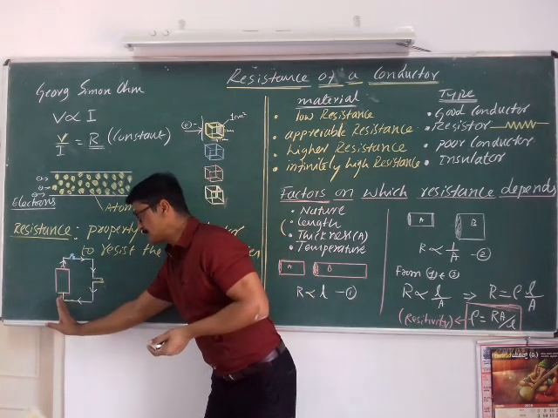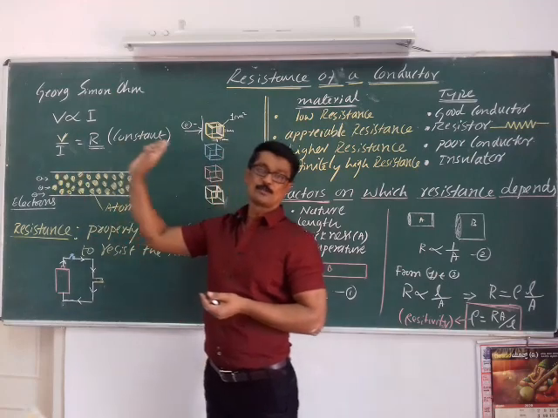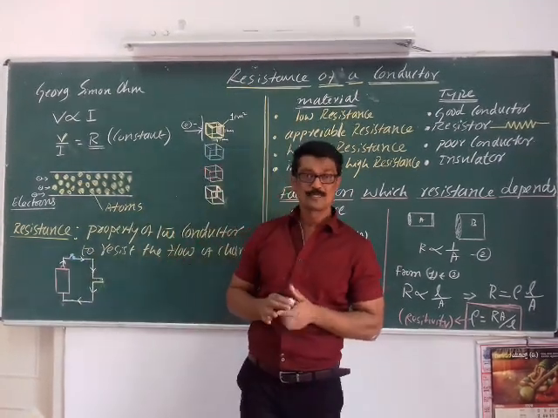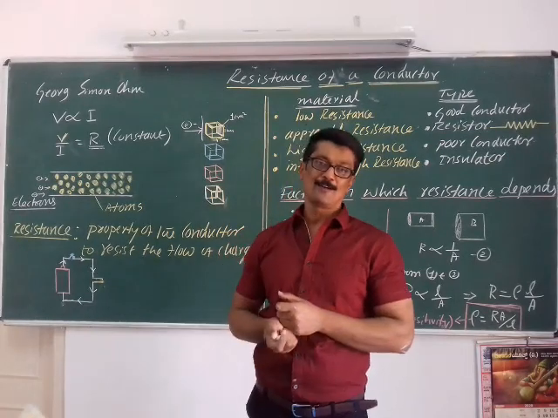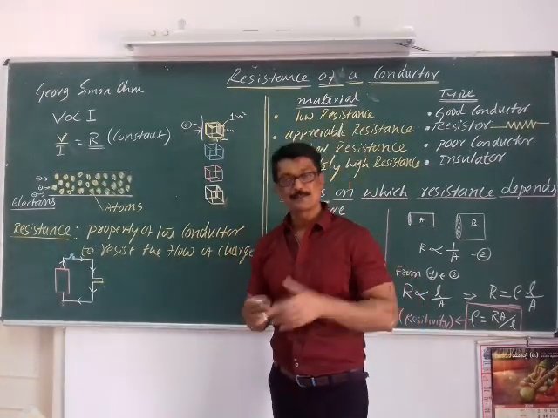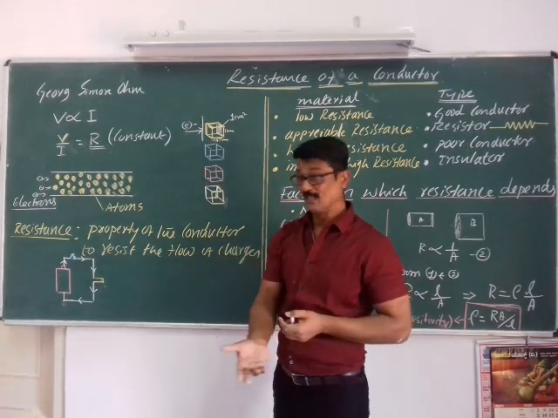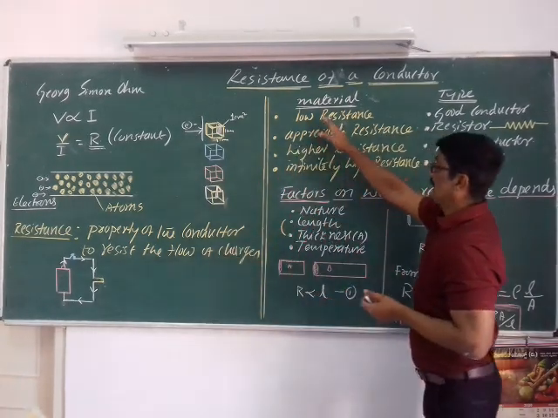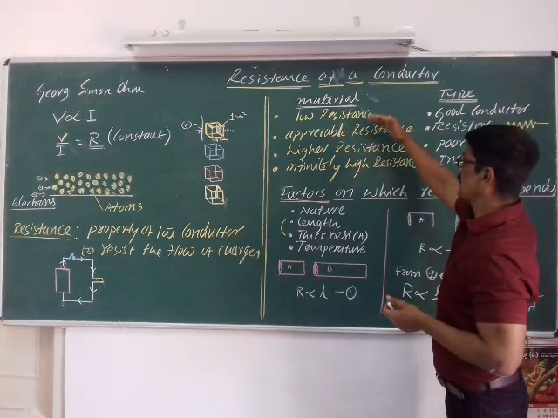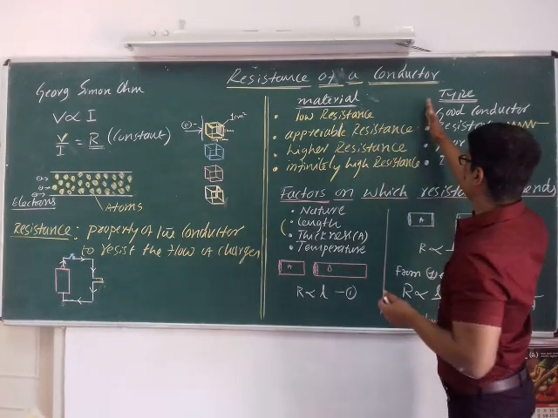The charges even flow through the voltage source also. Wherever the charges flow, they face some level of obstruction, but the degree of obstruction varies from material to material. See, I have listed out some 4 materials, broadly classified the materials into 4.